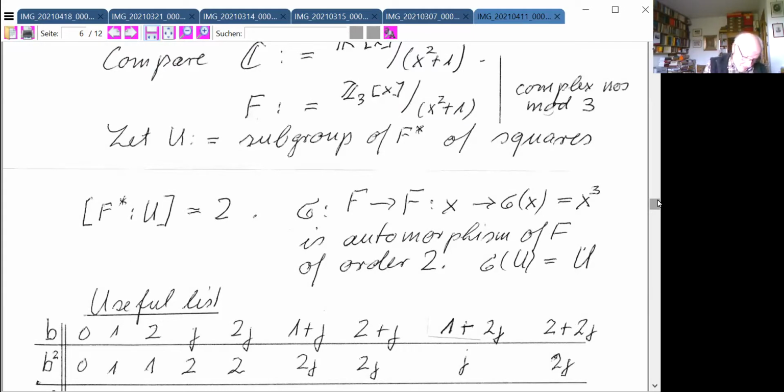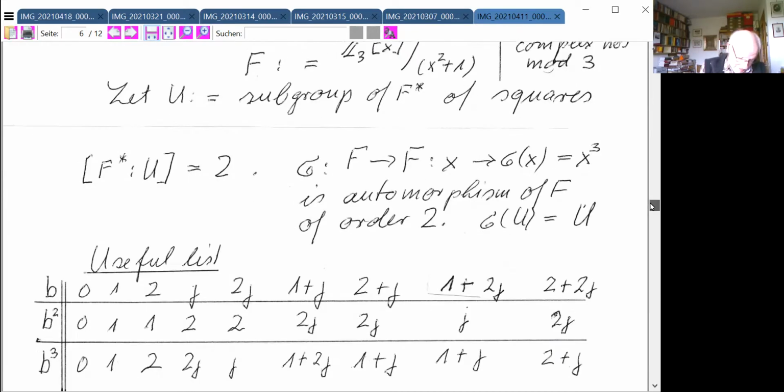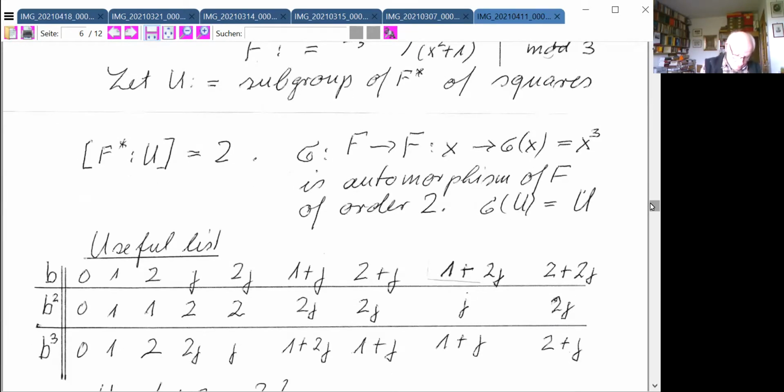This is a subgroup of index 2, and the mapping from x to x cubed turns out to be our automorphism of F. This is clear because we work over the Galois field with 3 elements.